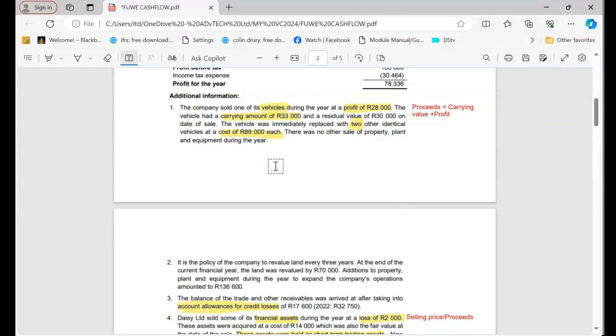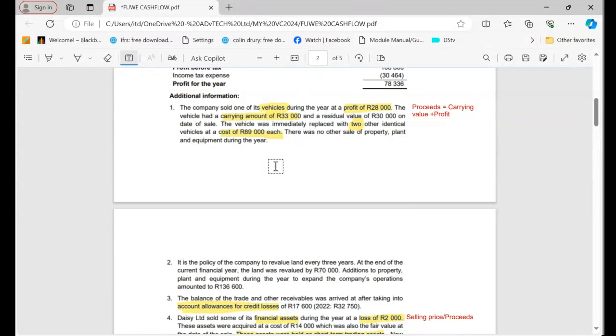The only movement we had was the movement for vehicle only. Why are they saying this? It's because if they don't say this, how will we know the remaining assets, whether they've been sold or not? So that's why they had to say this.